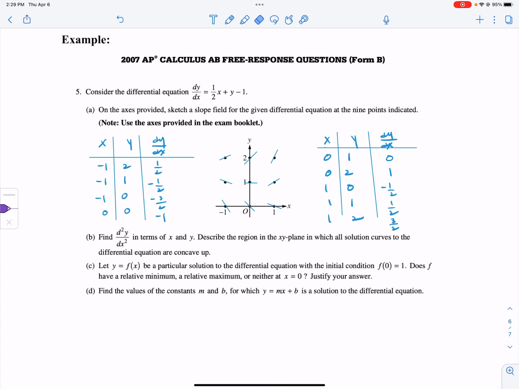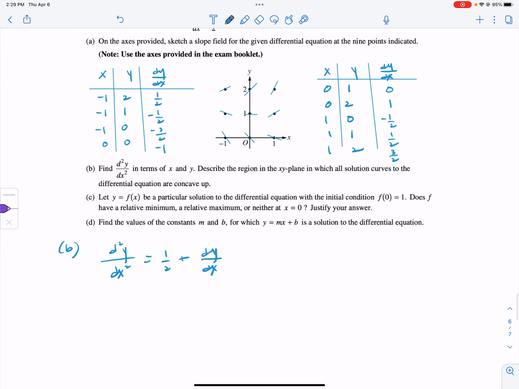So in order to find the second derivative for question B, our second derivative with respect to x would be 1/2 plus dy over dx.